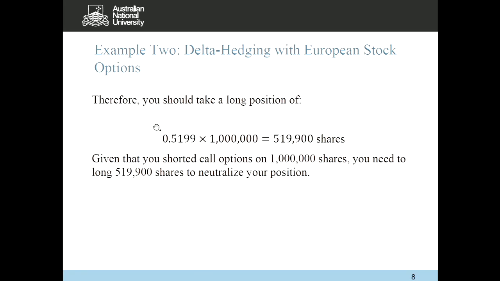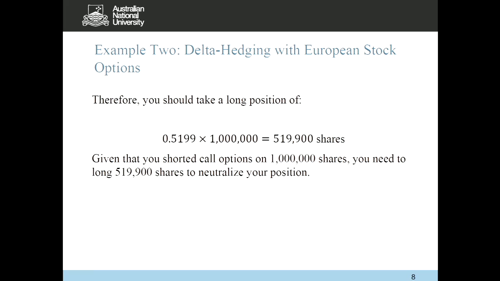And then that's simply the delta on one call option multiplied by the exposure, because we short options that cover 1 million shares, so our exposure is 1 million. So that's roughly 519,000 shares. So if you short options that cover 1 million shares, you need to go long 519,000 shares to neutralize your delta exposure.